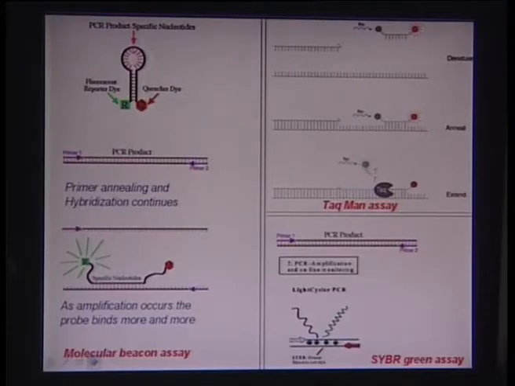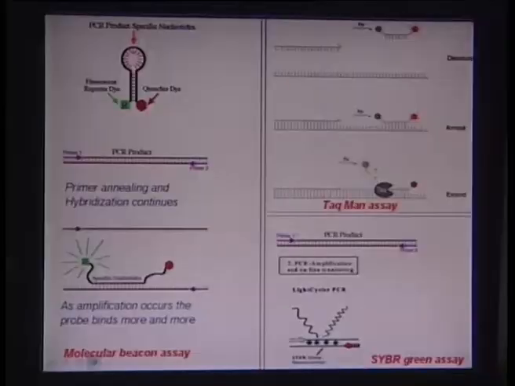There are several techniques which have been cited in literature, and a lot of research is going on in this area, wherein they develop different dyes and different configurations of these dyes, or conjugation of these dyes to different constituents of the PCR reaction. So what we can recapitulate at this point is that there are close to 4 different techniques through which fluorescence can be reported.